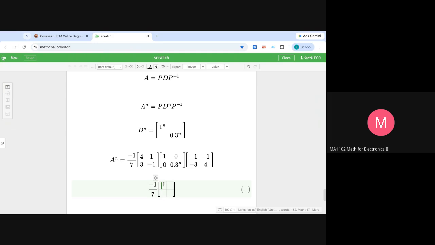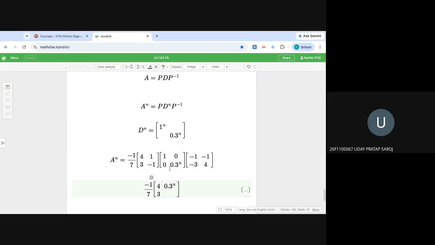So this is just matrix multiplication. I'm multiplying these two first, so this becomes 4 and 0.3 power n, and 3. We can multiply them in any order.